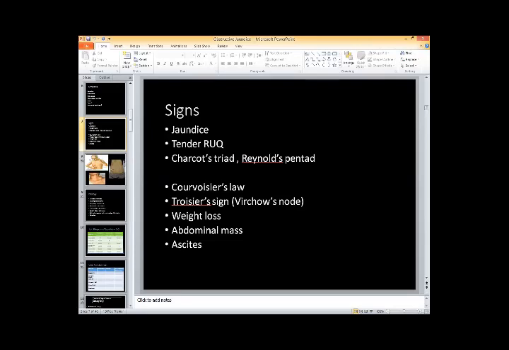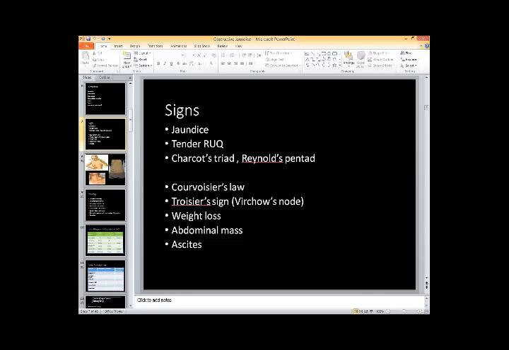Sometimes this pain, fever and jaundice becomes so severe and the infection gets fulminant that the patient develops septicemia. And if there are further features of septicemia added to pain, fever and jaundice, like the patient becomes confused and there is hypotension, so there are 5 signs now.